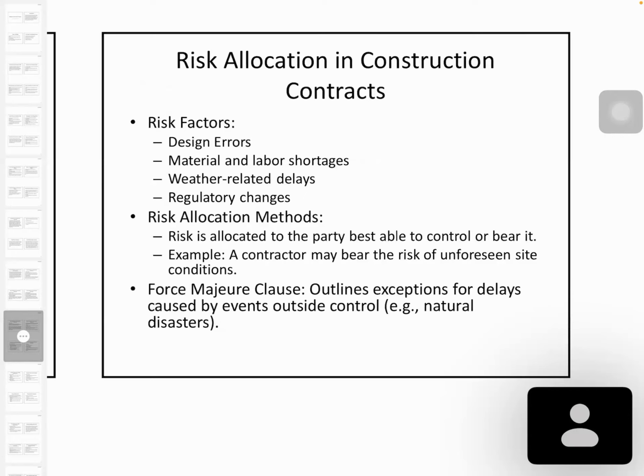Risk calculation in the construction method. Main errors are the design errors. There can be material and labor shortages, regulatory changes, weather delays, especially tax regulations can be changed.